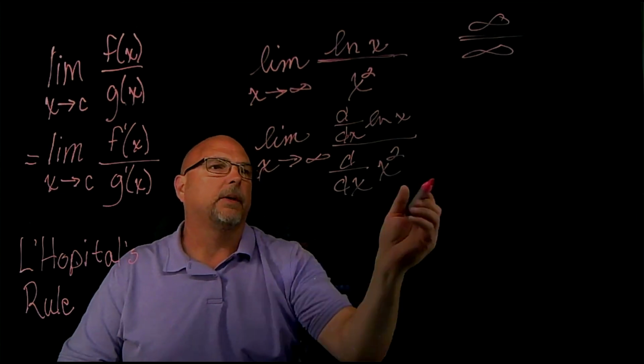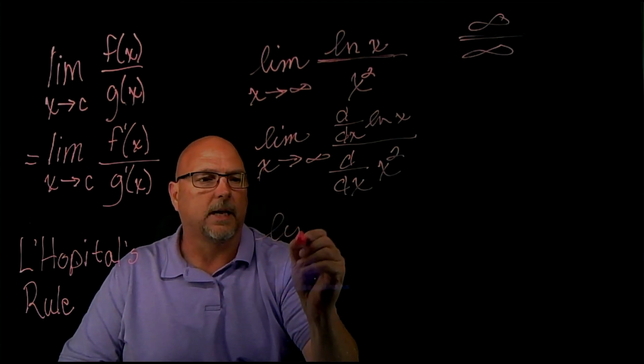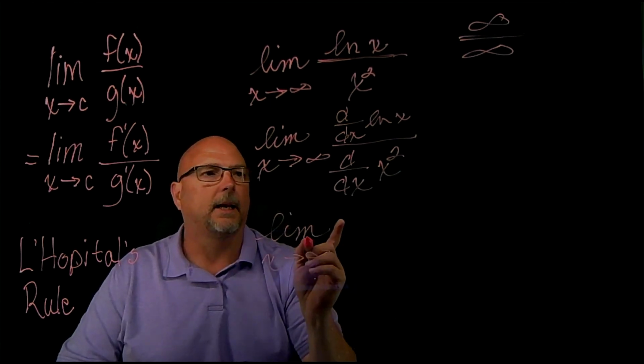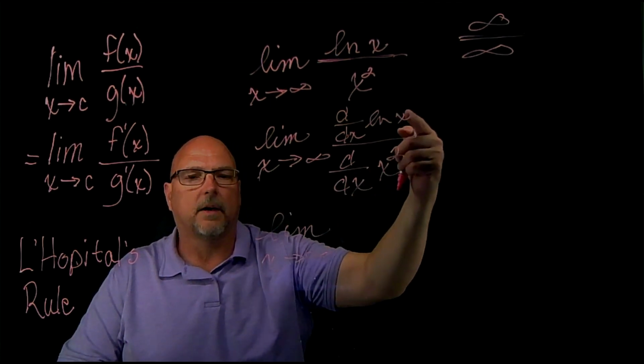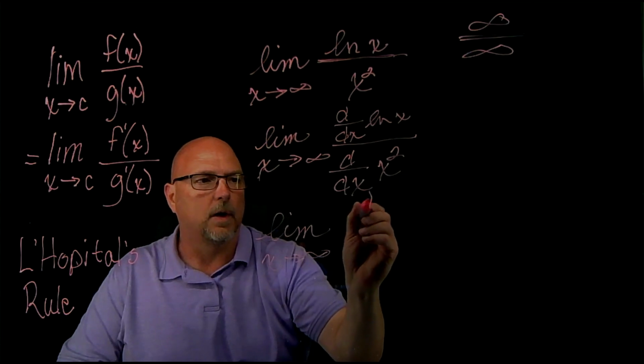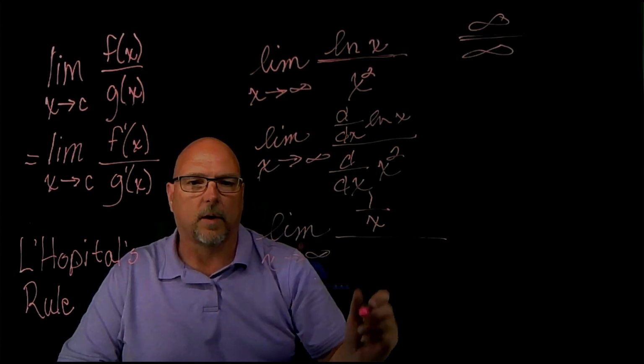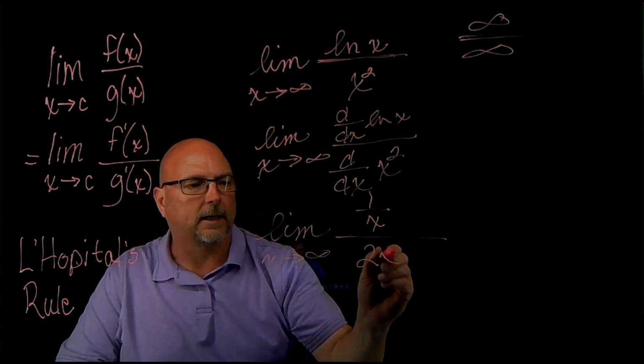All right, in our next step, we will take the derivative. So as x goes to infinity, the derivative of the natural log of x is 1 over x, and the derivative of x squared is 2x.